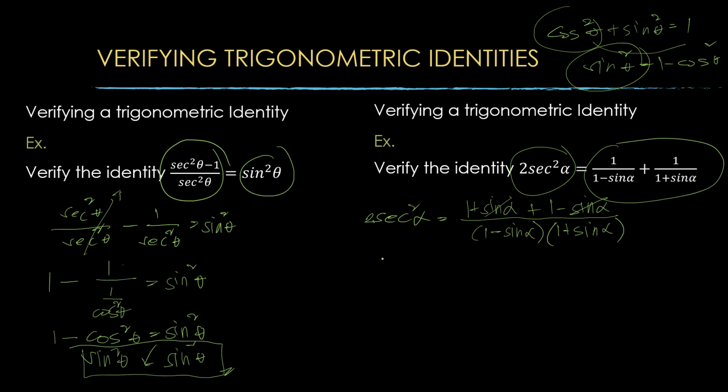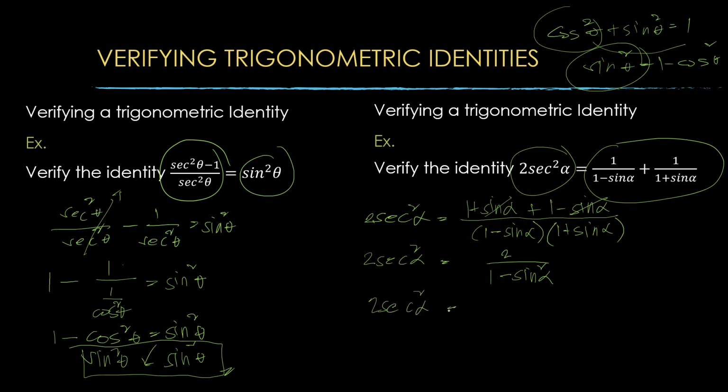What will remain is 2 over your denominator. What is your denominator equal to? 1 minus sine of alpha squared. But what is this equal to? Again, from this one. Okay. 1 minus sine squared, so that is cosine.